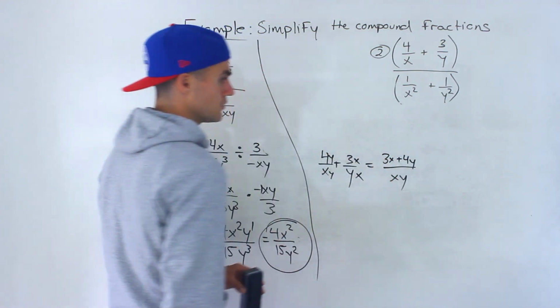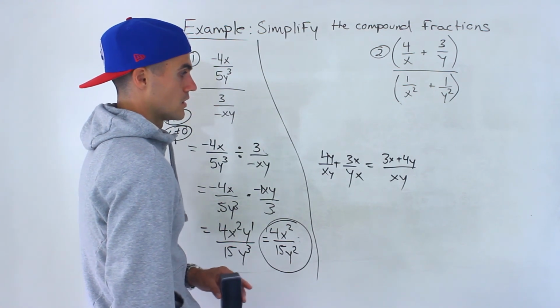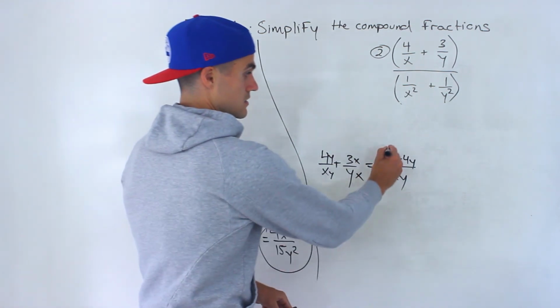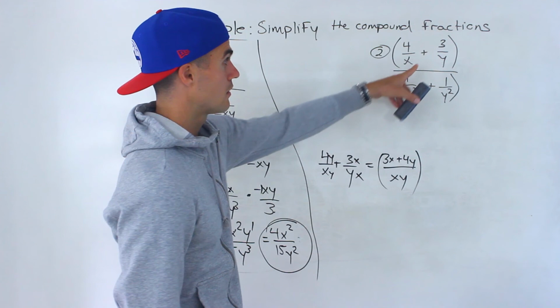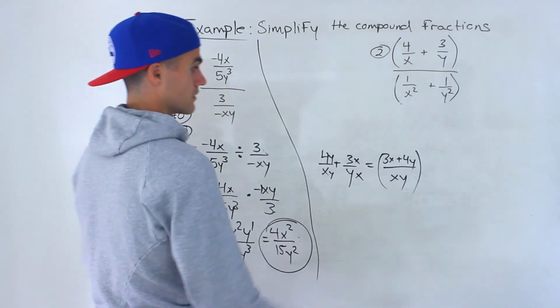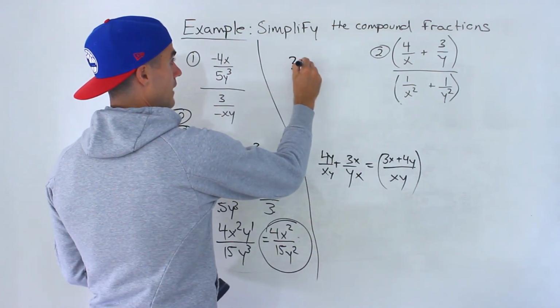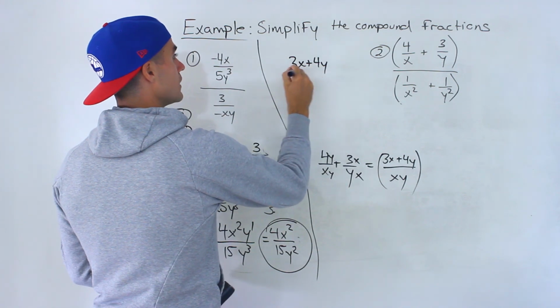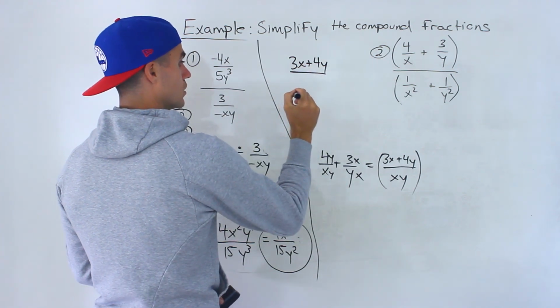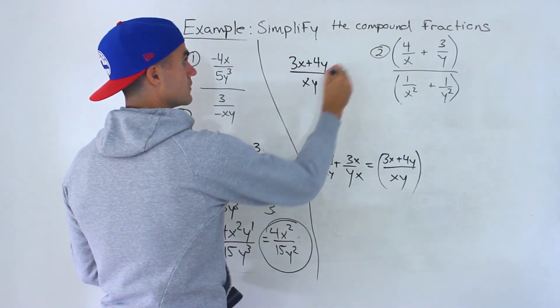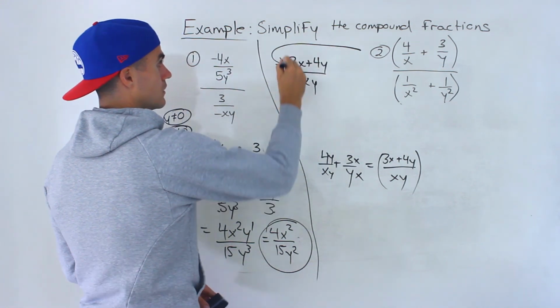You don't necessarily have to, but I'm going to. So this and that bracket are the exact same thing. So we'd have 3x plus 4y over xy.